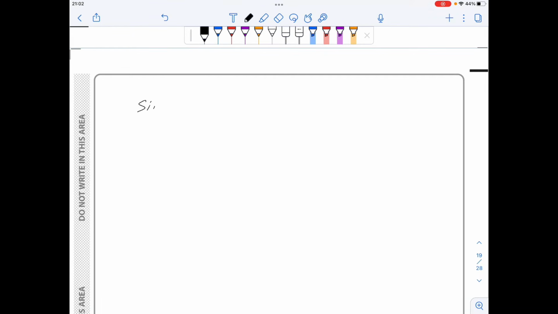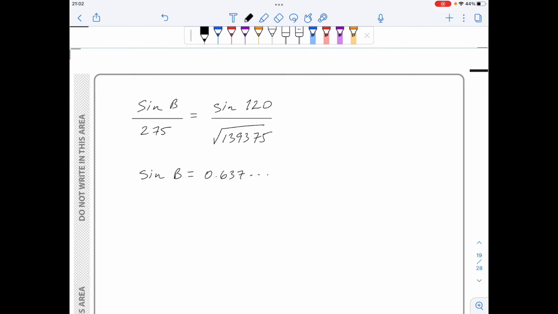So sine B over 275 is equal to sine of 120 over the square root of 139,375. So if you cross multiply, sine B comes out to be 0.637 and so on.